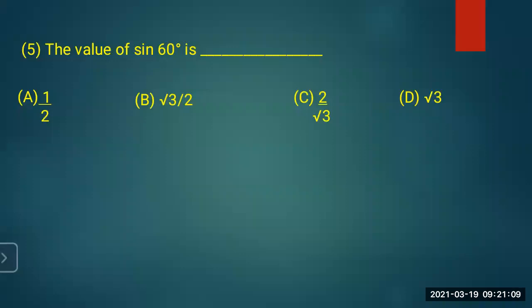It is very, very important to remember the values. Suddenly it can be sin 60, sin 30, sin 45, cos 45, cos 90, anything they can give you, but you should know the values. Only then can the answer be easier for you, and you just have to pick out the correct answer.